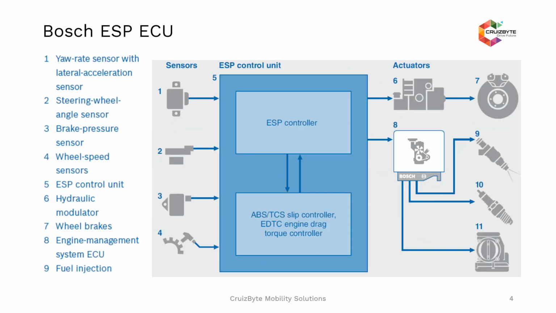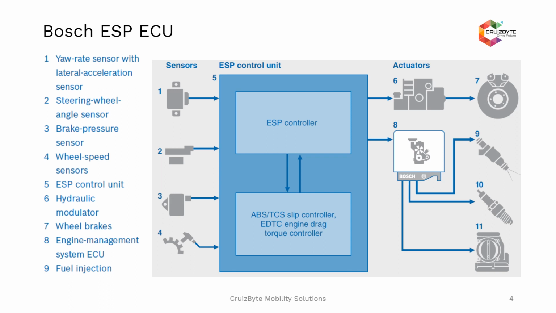The next one is the ESP ECU. Similar to the engine ECU, on the left hand side you have four sensors, the fifth one is the control unit, and 6 and 7 are the hydraulic modulator and wheel brakes, and 8 is the engine management system and fuel injection.